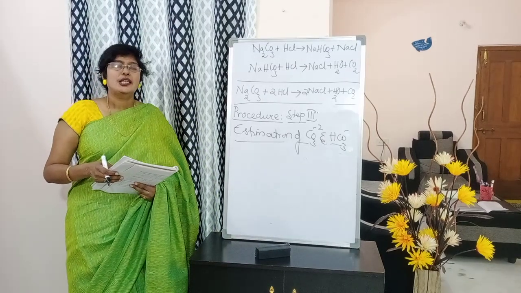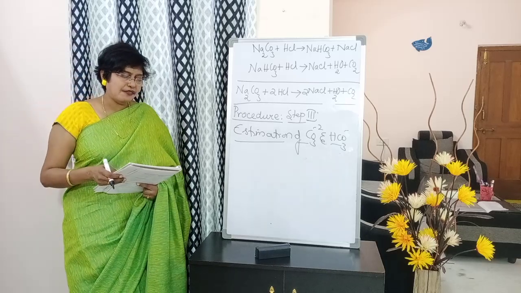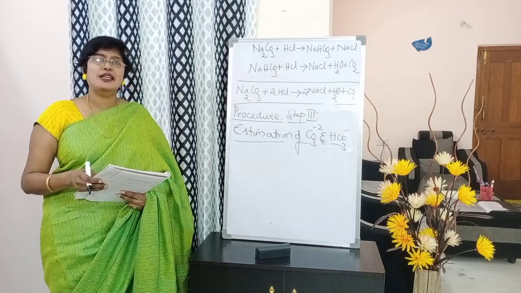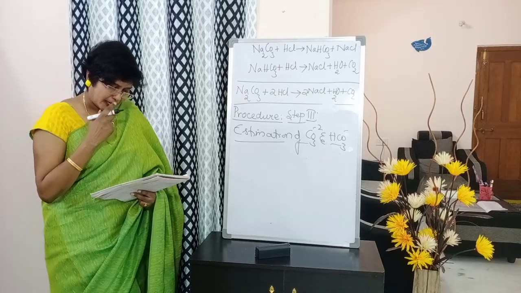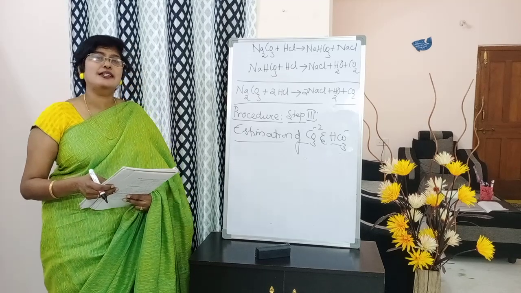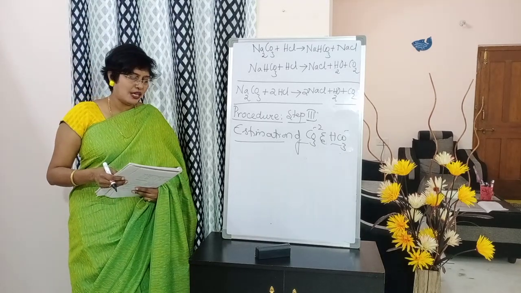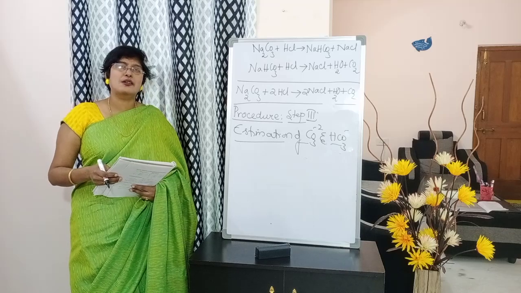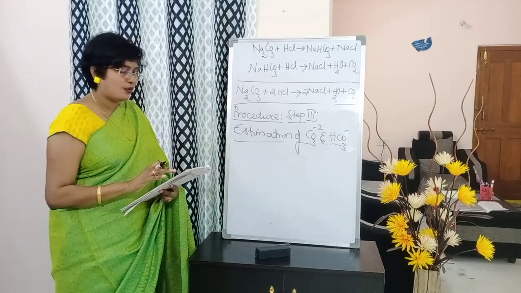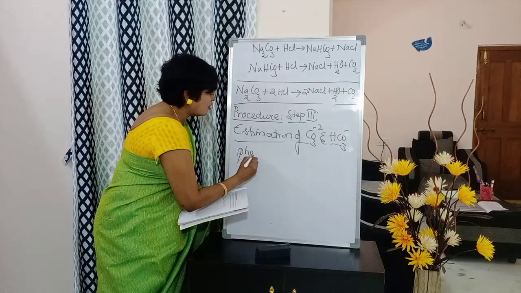Pipette out 20 ml of the given mixture in a clean conical flask, comma, add 1 test tube of water, comma, add 2 to 3 drops of phenolphthalein indicator.